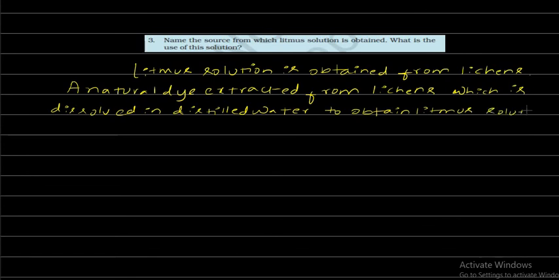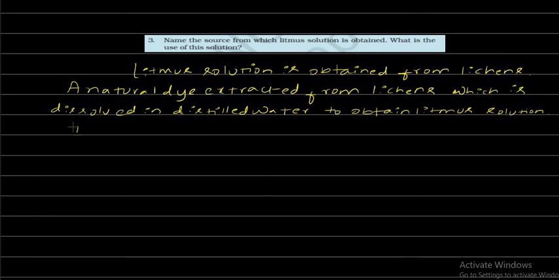How we will get litmus solution? Litmus solution is directly obtained from lichens. To prepare it, we have to dissolve the lichens in distilled water. Then how we can use this litmus solution?